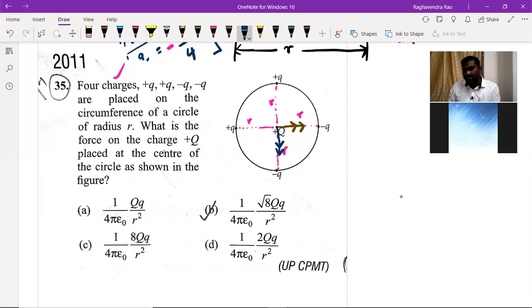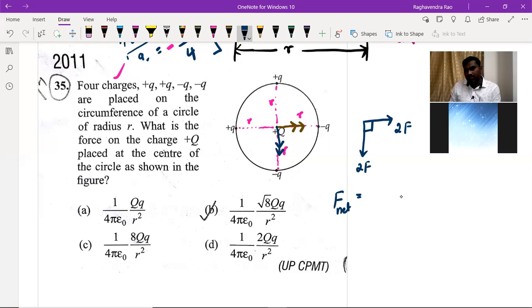Now 2F is acting in this direction, and 2F is acting in this direction. Now these two are at 90 degree. Now what is the net force?